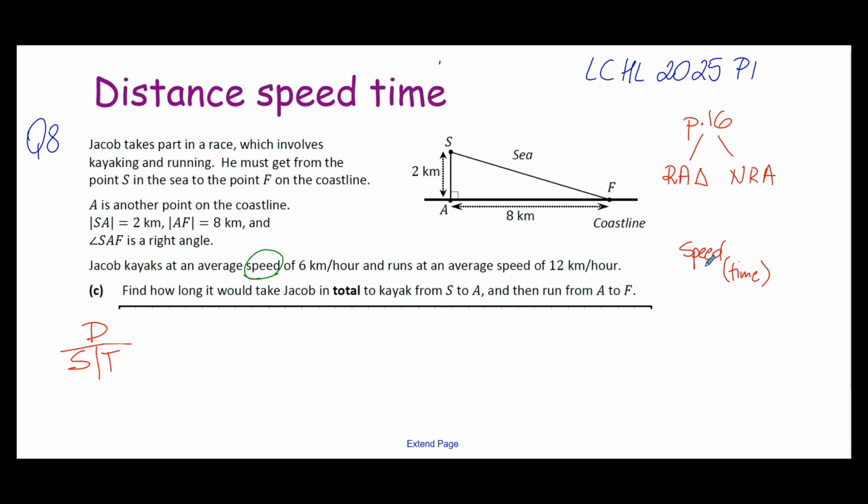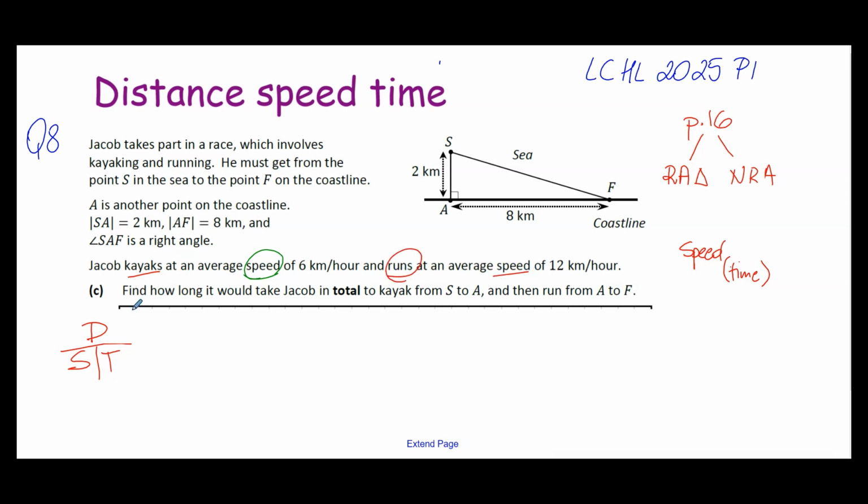Now, how do I know that this speed doesn't refer to the function, but refer to the formula of distance, speed, and time? Because as we can see here, there is no function given. So we know that doesn't refer to the function of speed and time, but to the formula that is distance, speed, and time. Okay, so we have speed of kayaking, and then we have the speed of running.